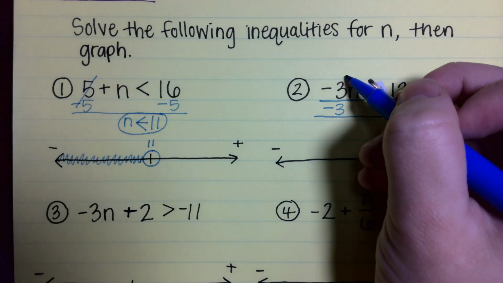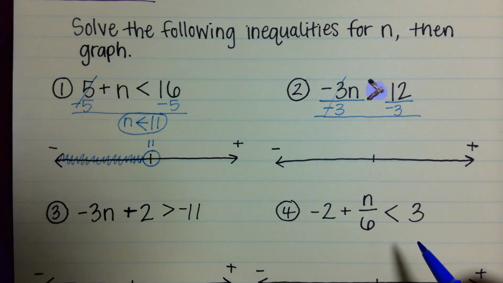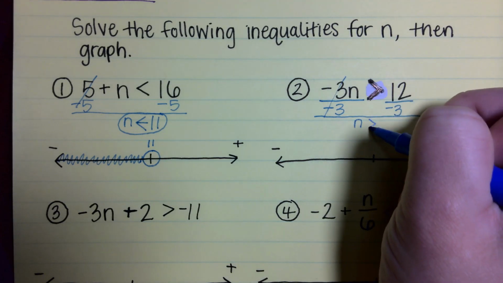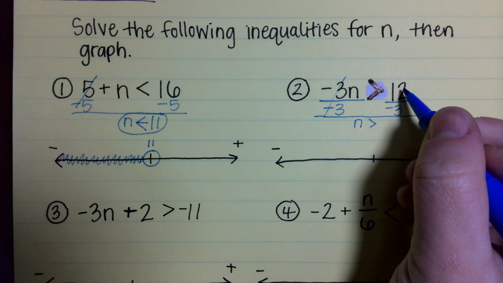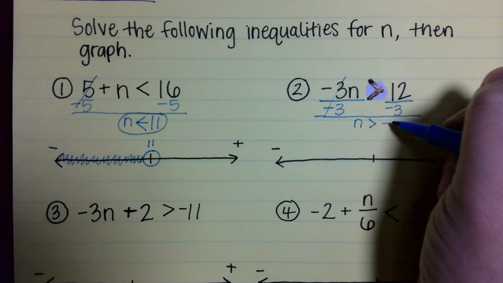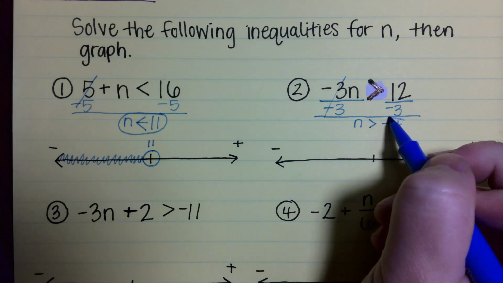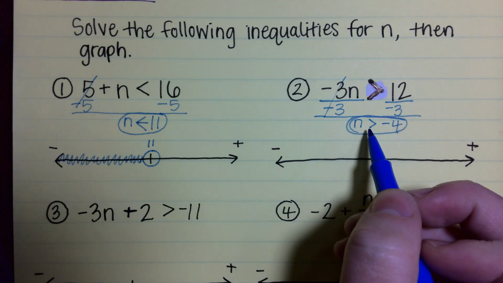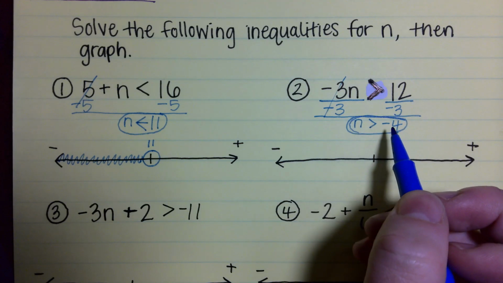Yep, my negative 3's are canceled. Now I'll bring down my n, my greater than sign, and what is 12 divided by negative 3? Negative 4. Good job, guys. So n is greater than negative 4.